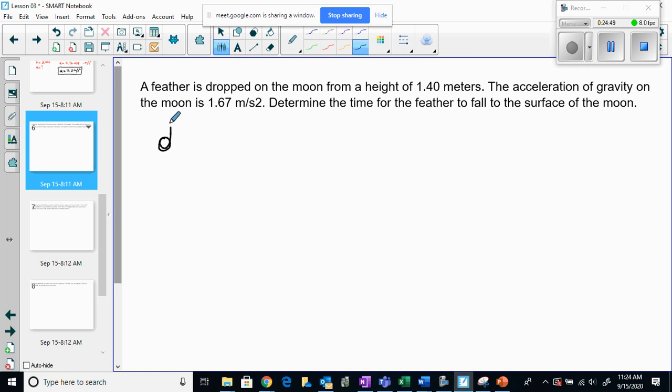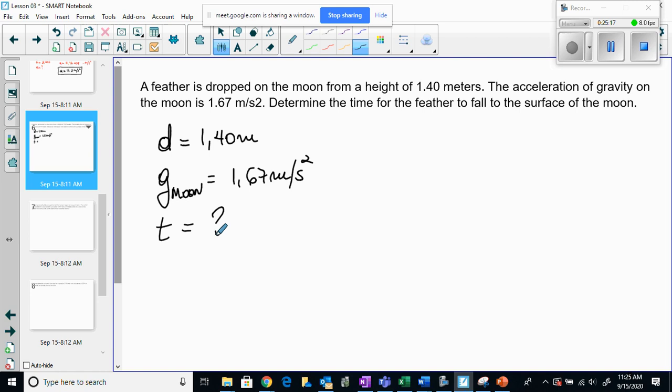So displacement is 1.40 meters. And again, everything is happening downward, so we don't have to state the direction of any of the vector quantities. The acceleration due to gravity on the moon is 1.67 meters per second squared, and we are looking for time.